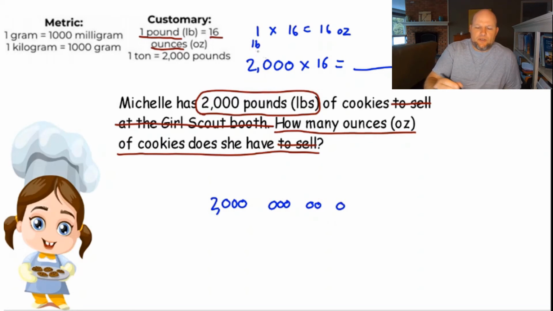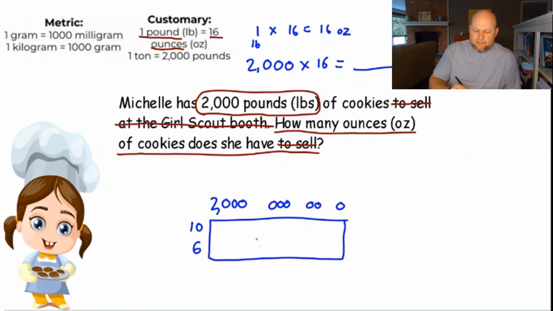Now let's move on to the 16. The 16 has a 1 in the tens place, so that'll be 10, and a 6 in the ones place, and that's 6. Now let's draw our grid so that we can work through this problem. And there we go.